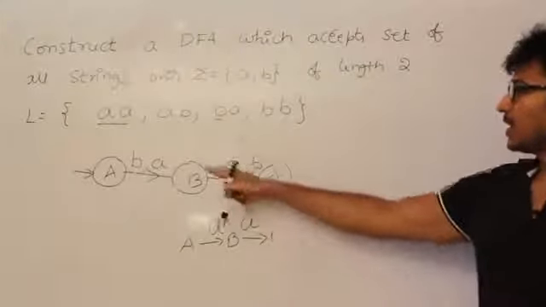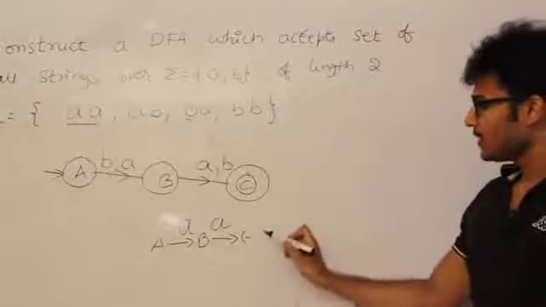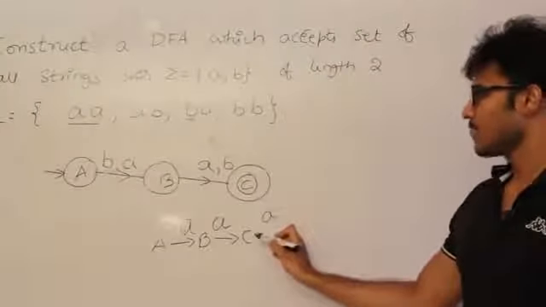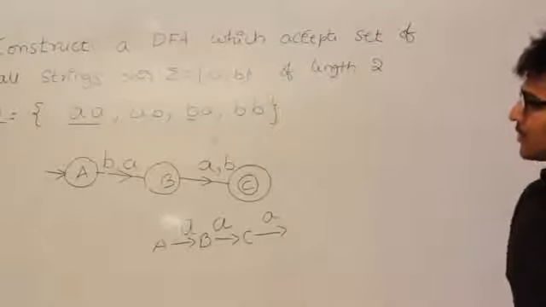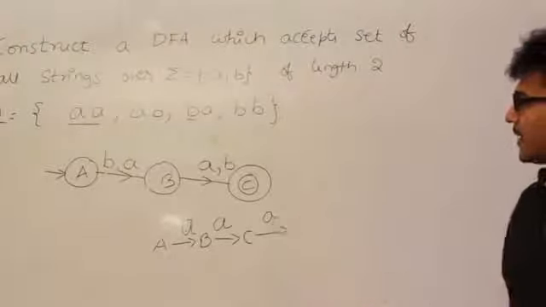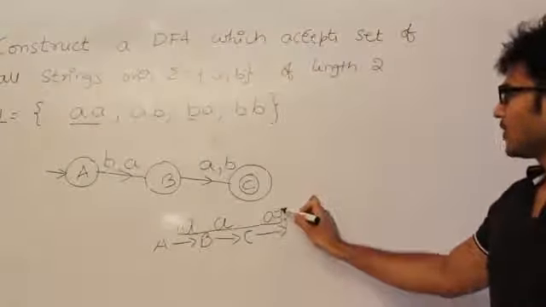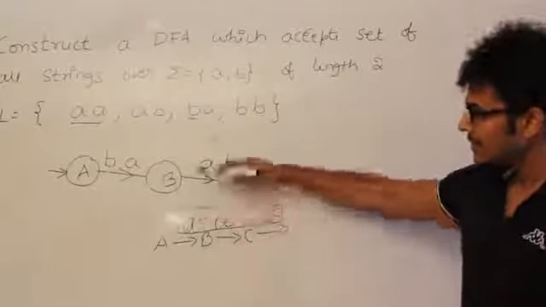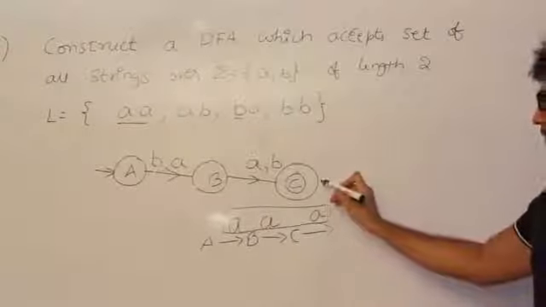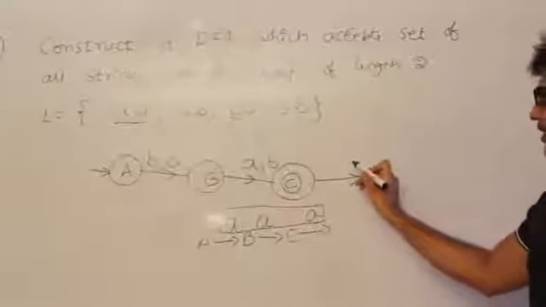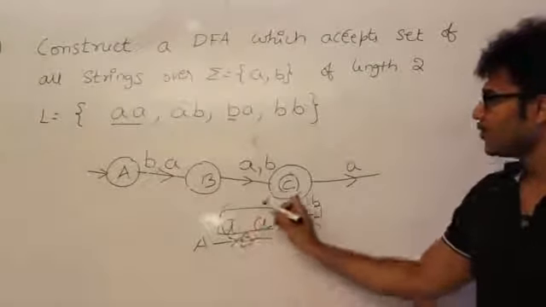Therefore, on seeing AA, we are going to reach C. Now if you are in C and you get one more symbol A, it means that we have seen a string of length 3. Is that string in this language? Definitely no. Therefore, if I see either A or even B, the string length is going to exceed 2.